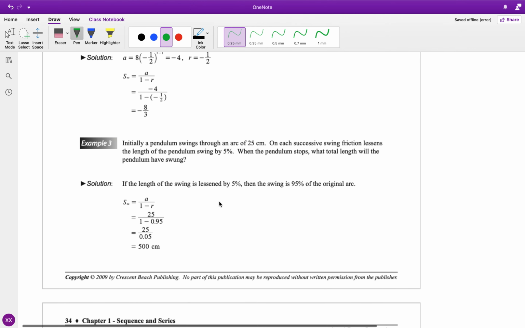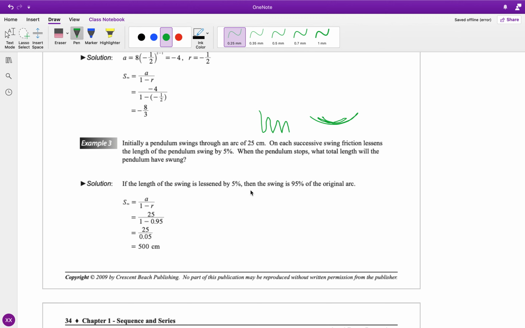Now this one is very similar to dropping the ball, right? This pendulum basically goes this way, this way, this way, right? Whenever they swing back, they lose certain momentum, and then they go back again, and the distance becomes shorter.